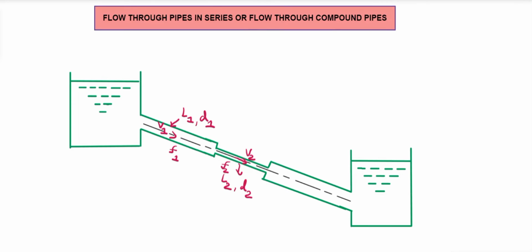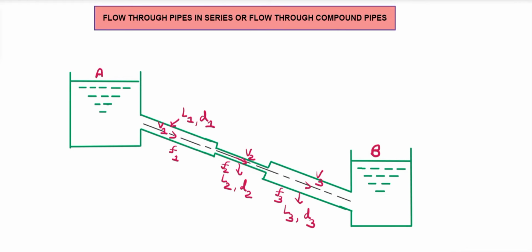Then for the third pipe, the length of the pipe is L3, diameter is D3, and frictional coefficient is F3. The velocity of the flow is V3. The major loss will be the frictional loss.